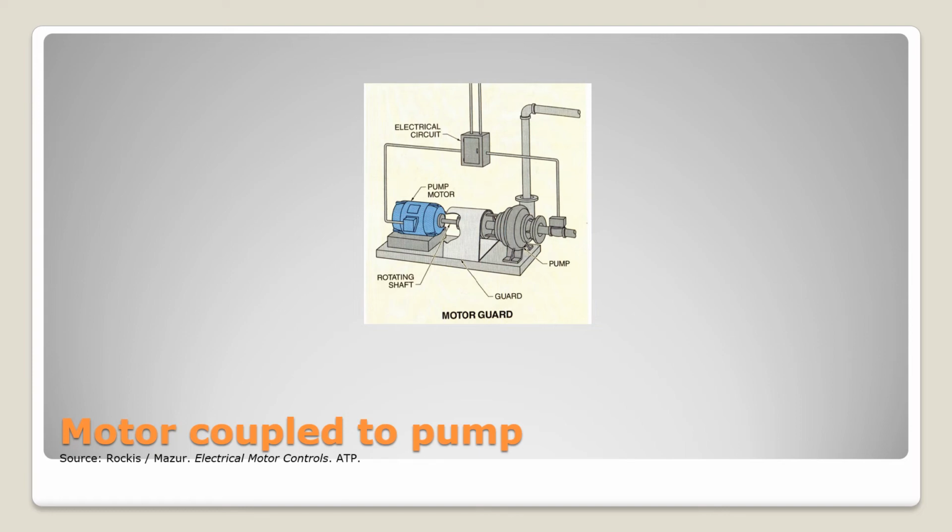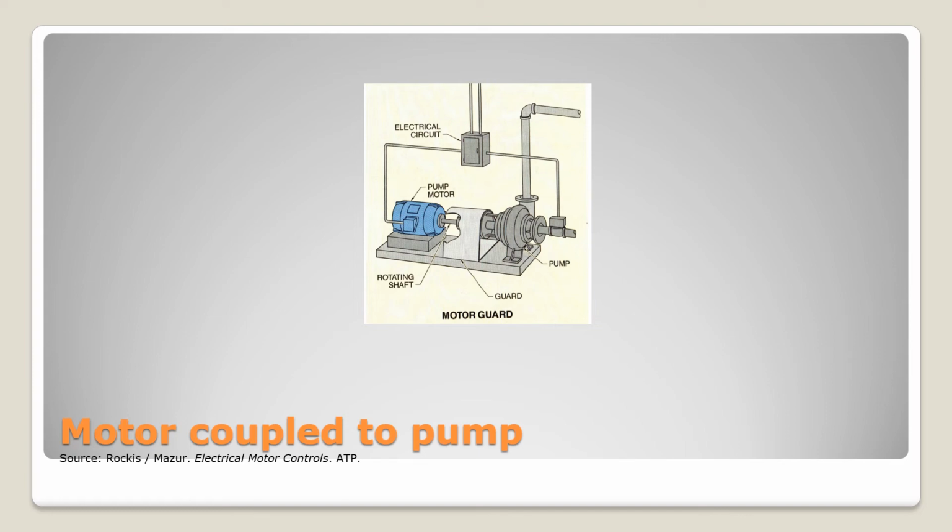We have an electrical circuit up above that is providing a physical connection through conduit, the same kind of conduit we looked at before, to the motor. And we also have a sensor on the suction of the pump, which could be measuring flow as an example.